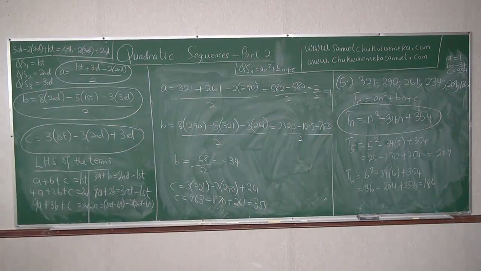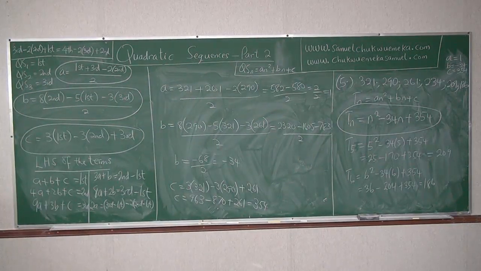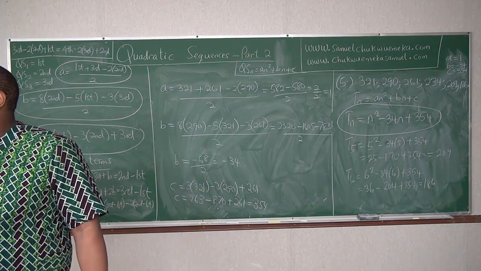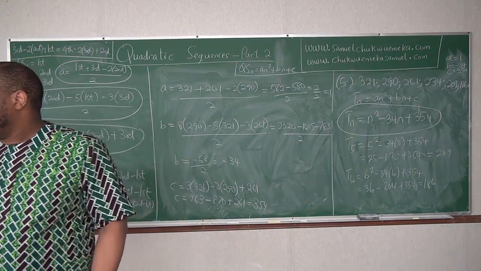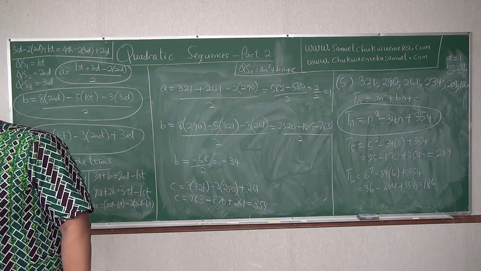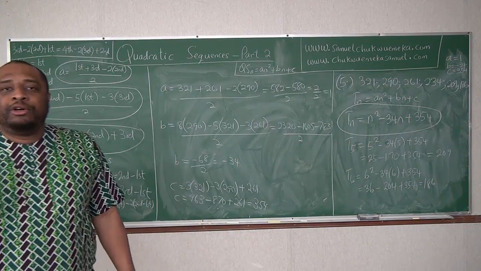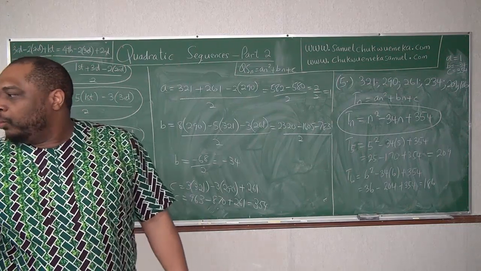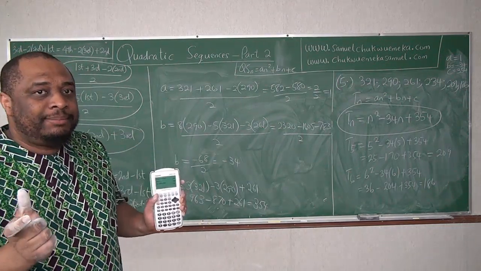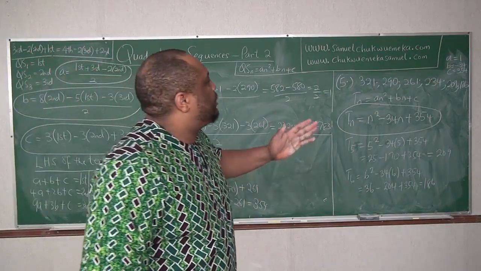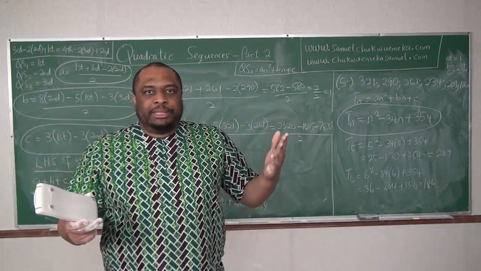The next question here says, which terms of the sequence, we can call it the C part, will have a value of 74? Which terms, now it says terms, will have a value of 74. So this is a quadratic sequence.